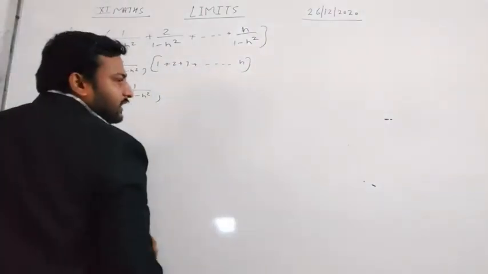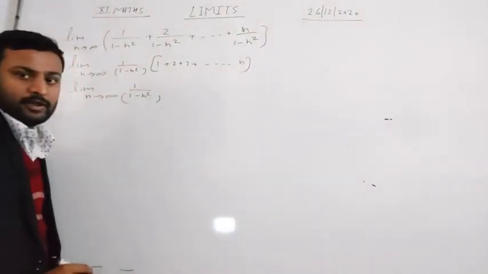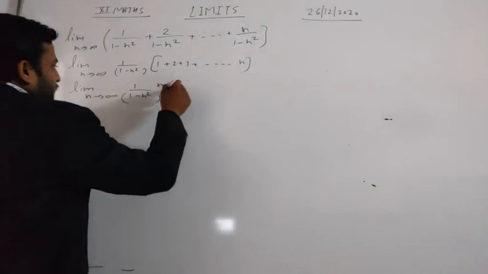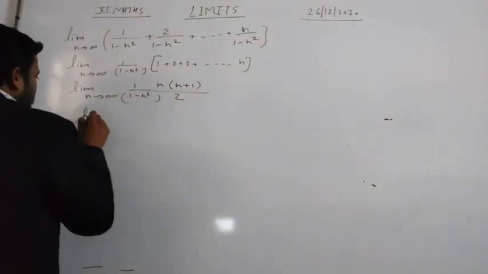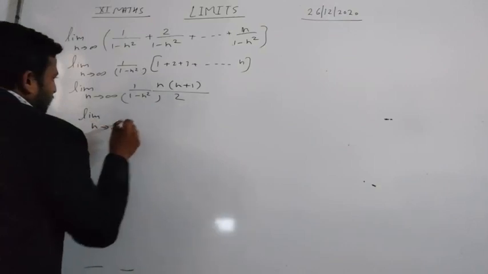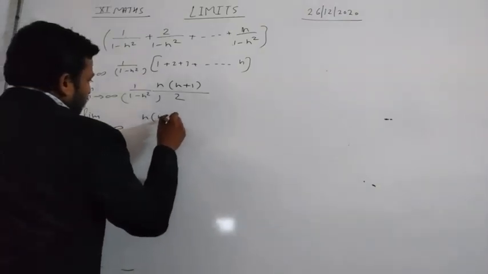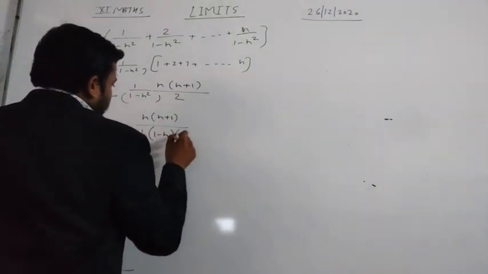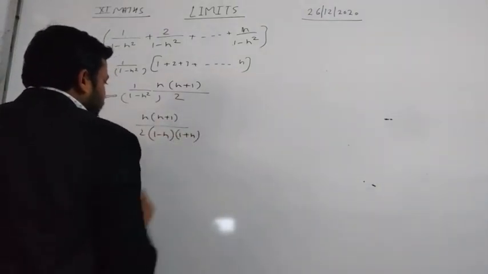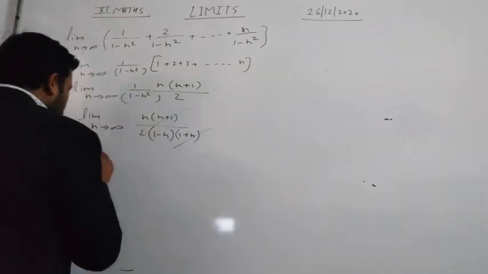This is our summation n, and the value of summation n is what? n(n plus 1) by 2. So limit n tends to infinity n(n plus 1) by 2. This we can write as (1 minus n)(1 plus n). Now this is cancelled.